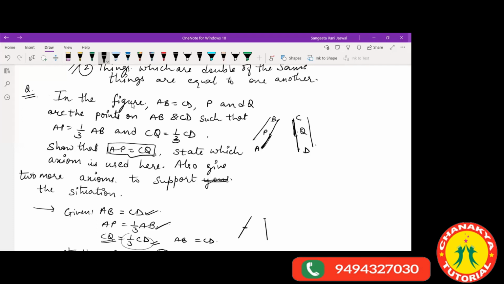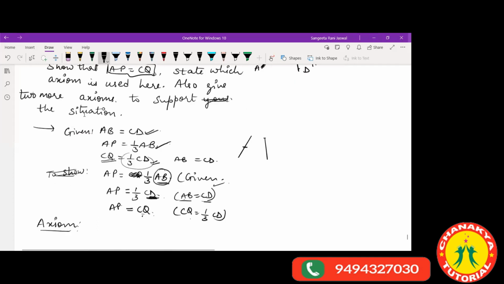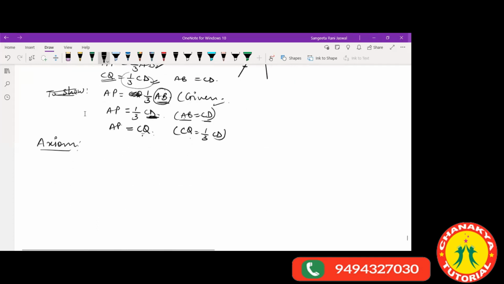Okay, so please write down: equal parts of equal wholes.